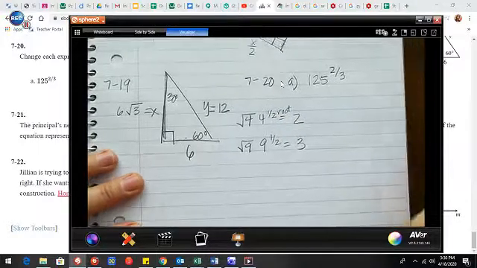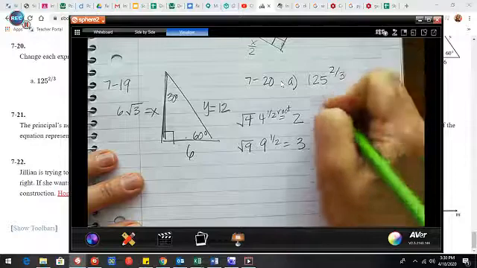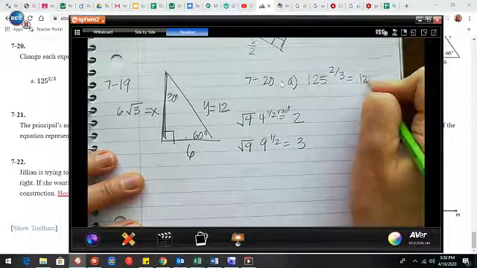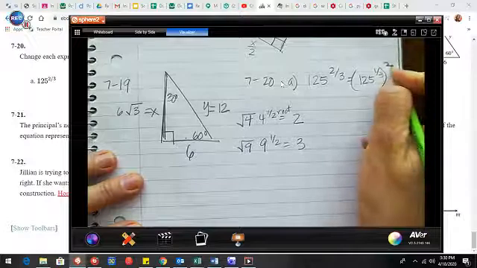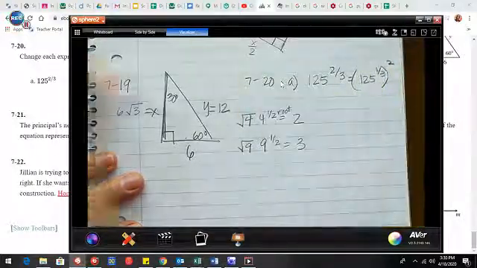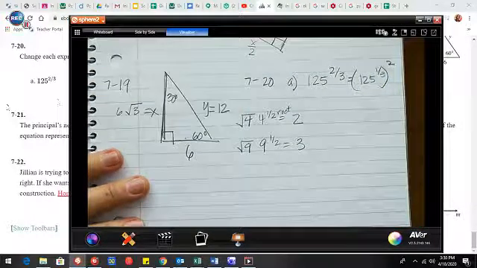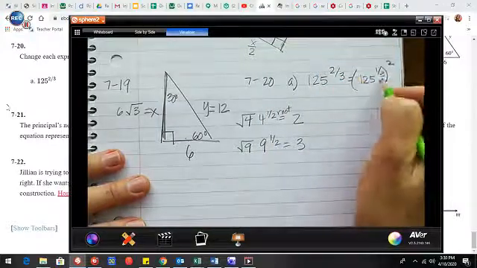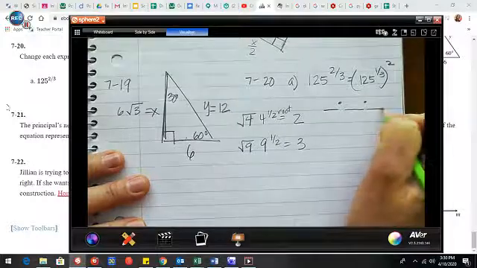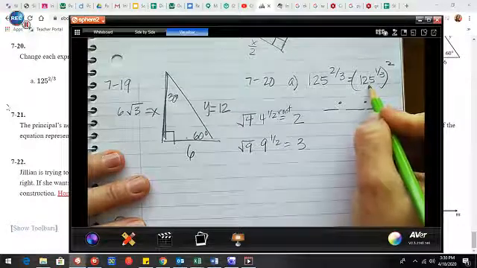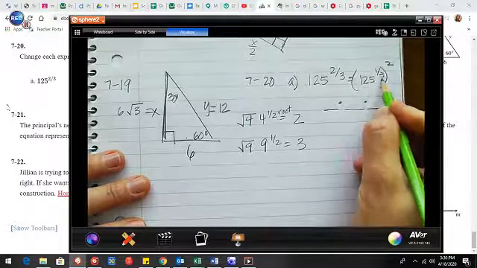So if it's 125 to the 2/3, that's the same as writing 125 to the 1/3 squared. And I'm doing this because sometimes it helps you to understand it a little bit more. So then I'm looking for a number that when I multiply it by itself 3 times, I get 125, because this is a 3.